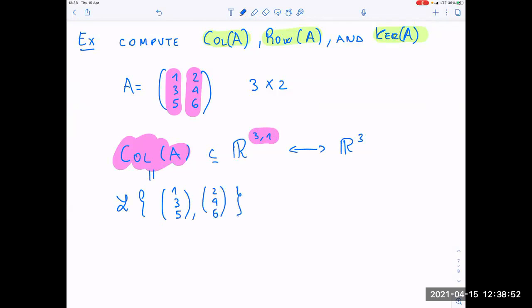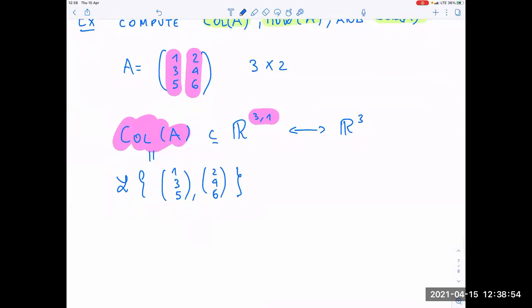Okay, here it is. In the same way, if I want to speak about the row space of A, looking, for example, Jean Herrera, you did it correctly, but just keep in mind that if you say R3, you're in some sense deciding that you don't care about rows and columns anymore. Not a mistake, not a problem, but it depends on the application you have in mind, okay? So the row space is given by the 3 rows, right?